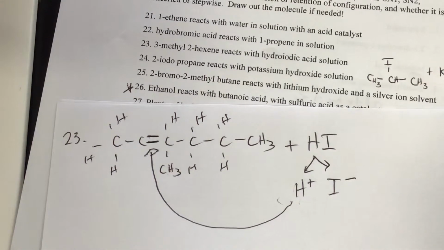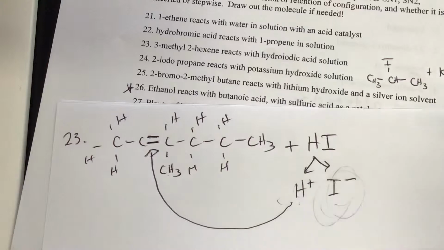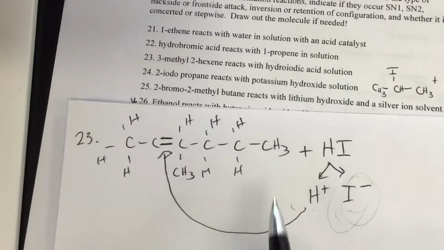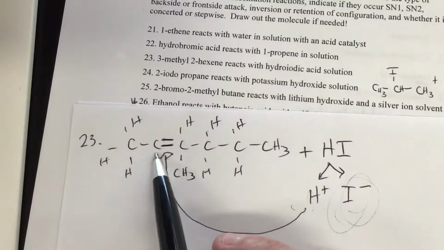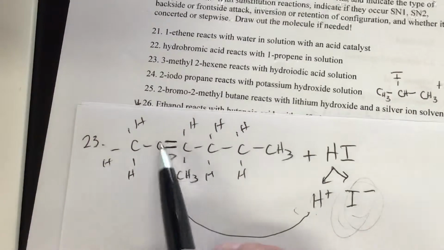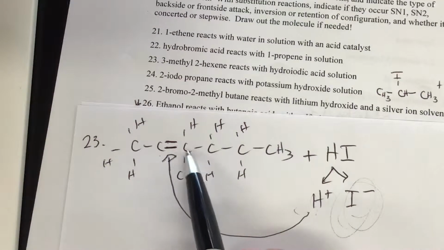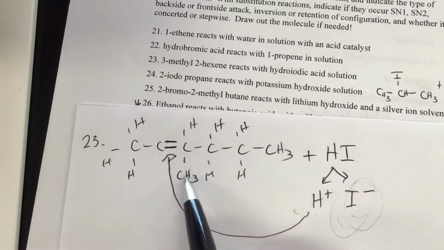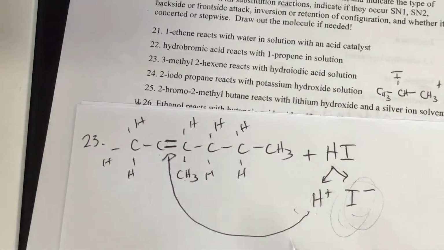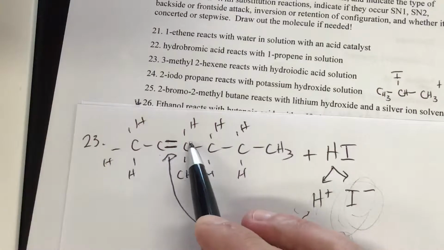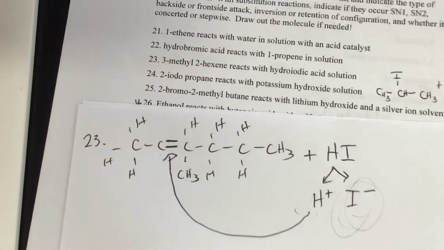Your carbocation, where your negative ion is going to attach, is always going to be on the most substituted carbon. If it attaches here, this carbon is attached to 2 other carbons. If it attaches here, this carbon is attached to 3 other carbons. So this forms a very stable carbocation. Why?